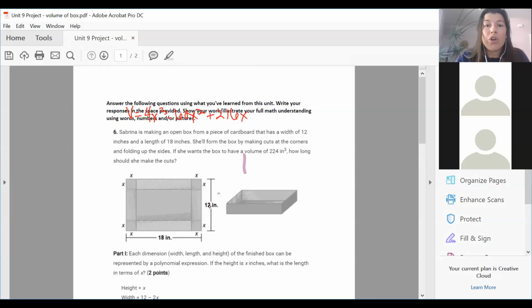Okay. Could x be 7? Yeah. Okay, let's test it. So we have a 7 there and we have a 7 here, because remember, we're taking out of both sides of that length. 7 plus 7 adds up to 14, so that couldn't work.